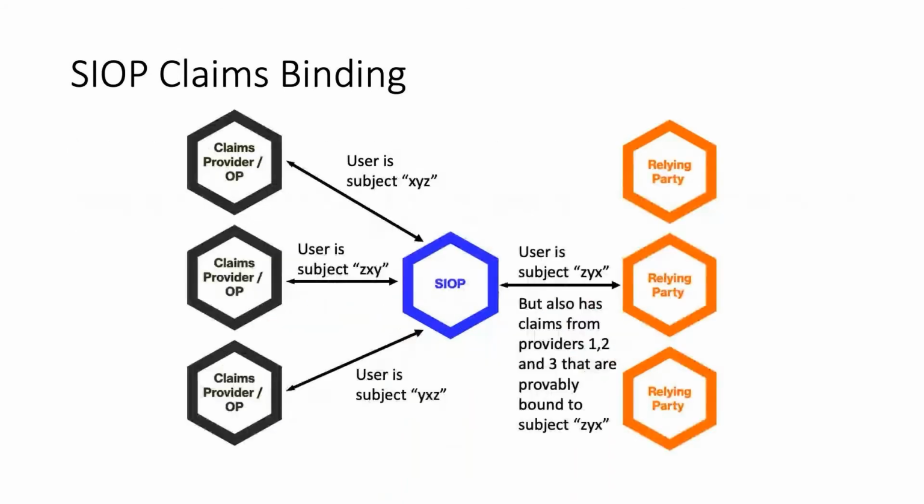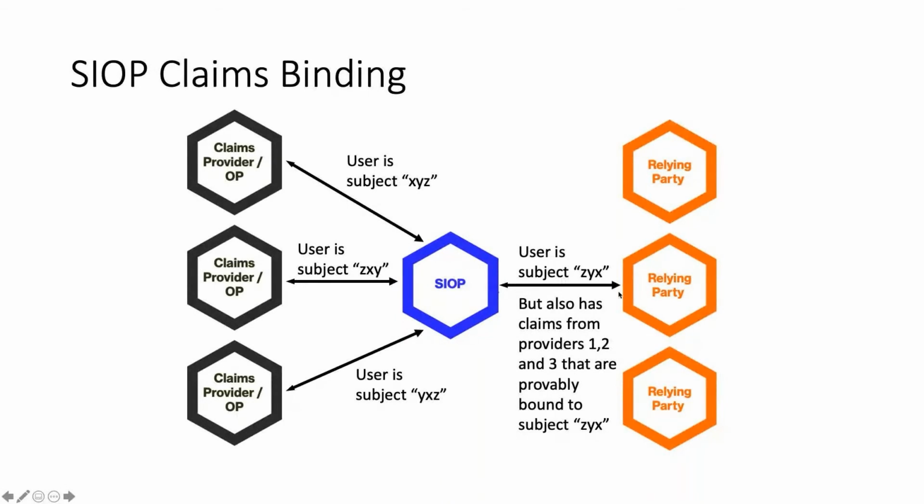Put another way, because each of these OpenID providers are identity providers in their own sense, a user's obviously uniquely identified in those various contexts. When we have SIOP, we have an aggregation occurring where we are taking claims from multiple sources and presenting them through another provider.